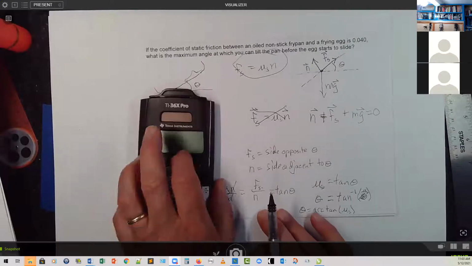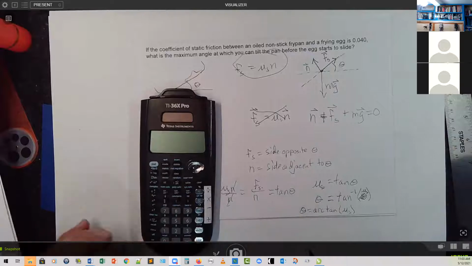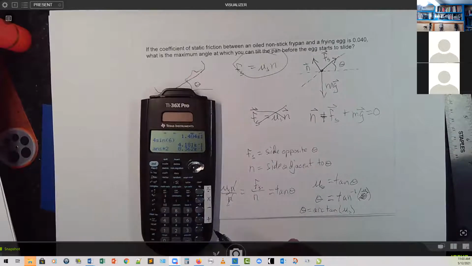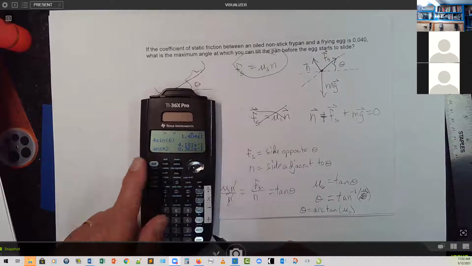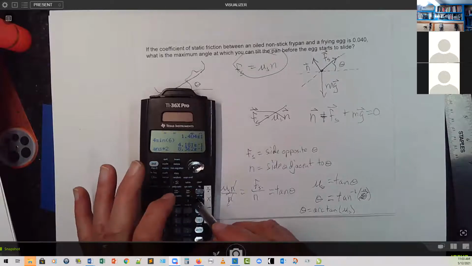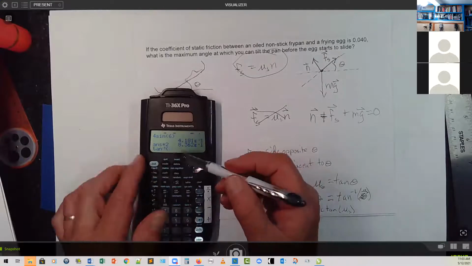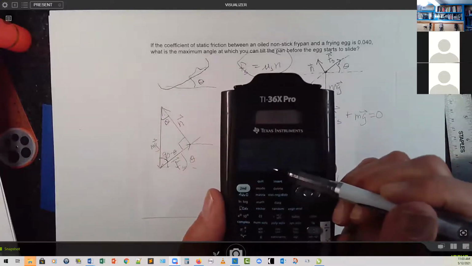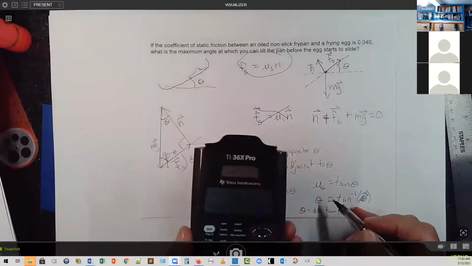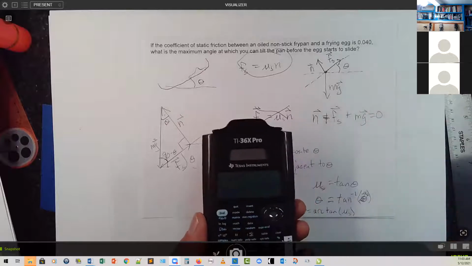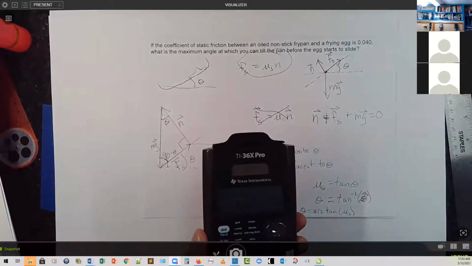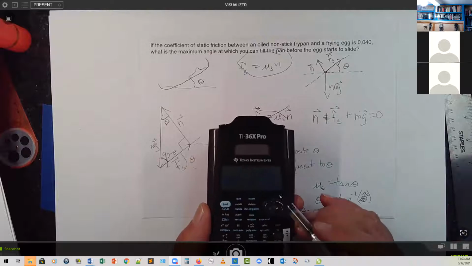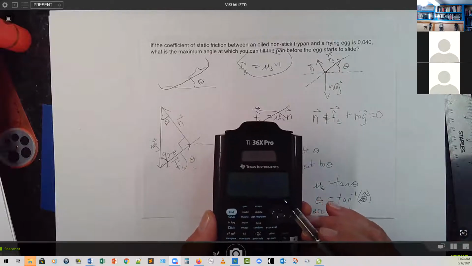On my calculator, I really like it because to put in the inverse tangent, I don't have to hit the second button on this one. I just push the tangent button twice. I don't know if you can see that or not, but it has that 10 to the -1. Now I just put in the coefficient of friction here, 0.040, close off my parentheses, and I get an angle of 2.3 degrees.